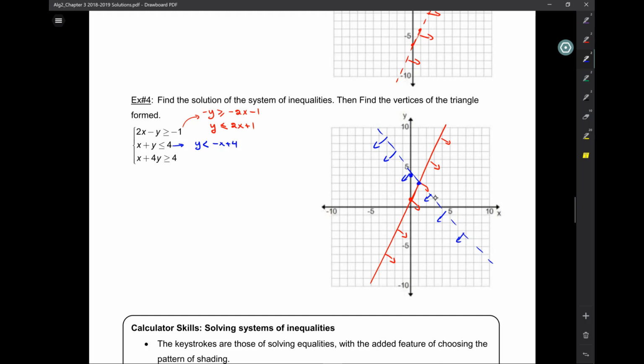x plus 4y is greater than or equal to 4. What's that going to look like when you solve for y?